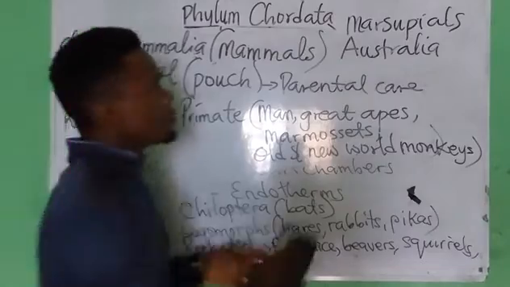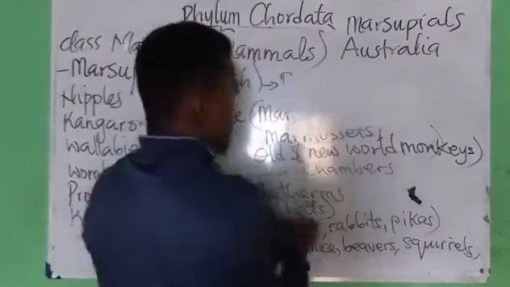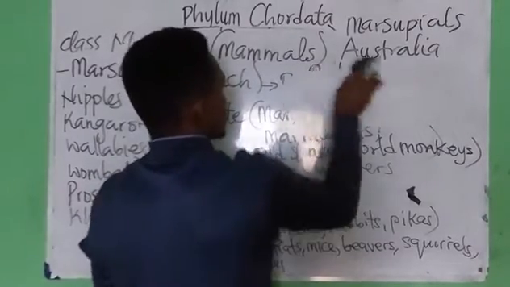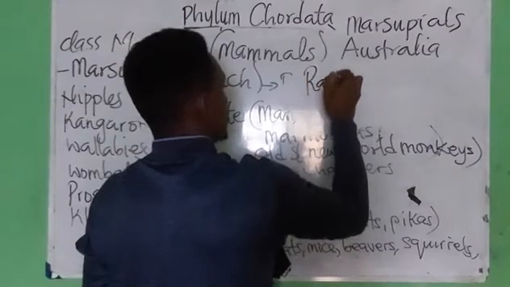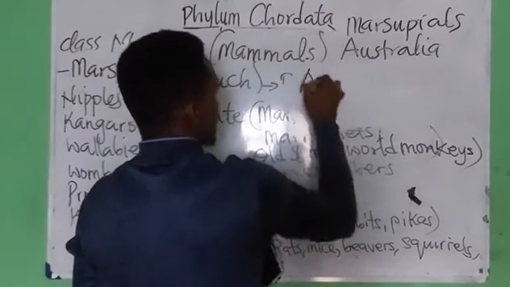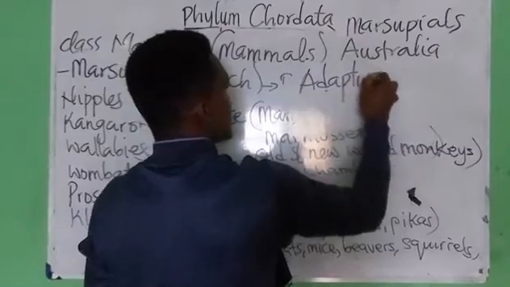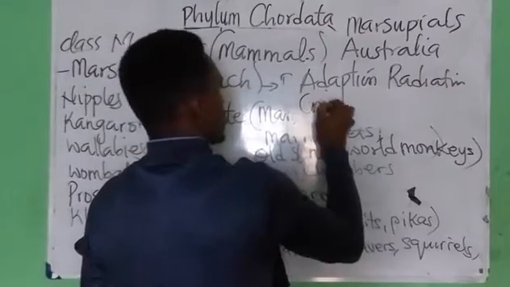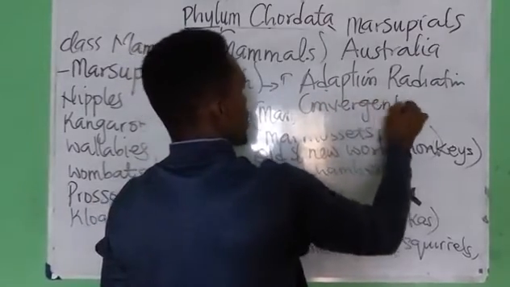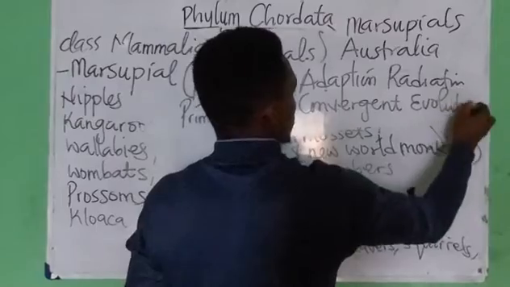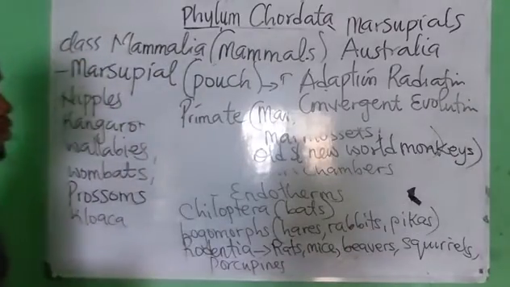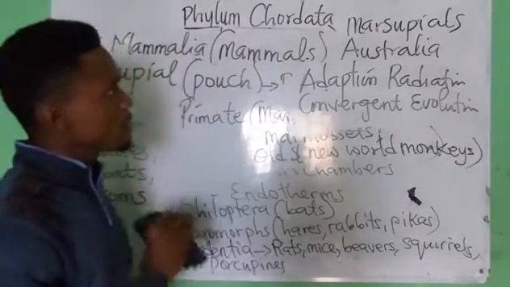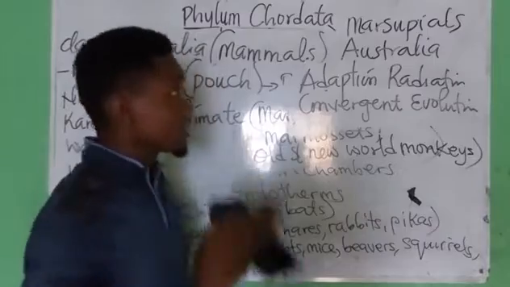Please take note that during this process, adaptive radiation and convergent evolution occurred. All right. So this is the last part of the evolution of chordates.